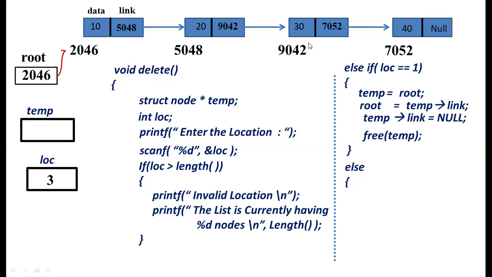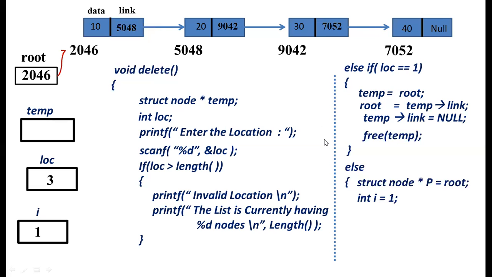Here we have to declare one more variable I, which is of type integer with initial value 1, and one more pointer variable p with initial value root, which is of struct node pointer type.